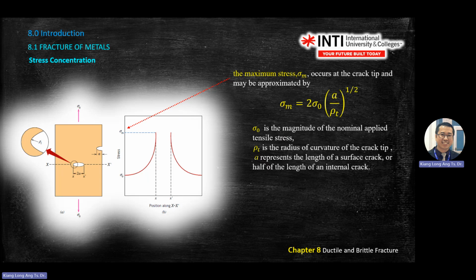Then in brackets, square root, the 1/2 is square root, of a divided by rho t. Rho t, rho here is the r, or radius of curvature. This is the rho of the curvature, meaning the radius of the hole.